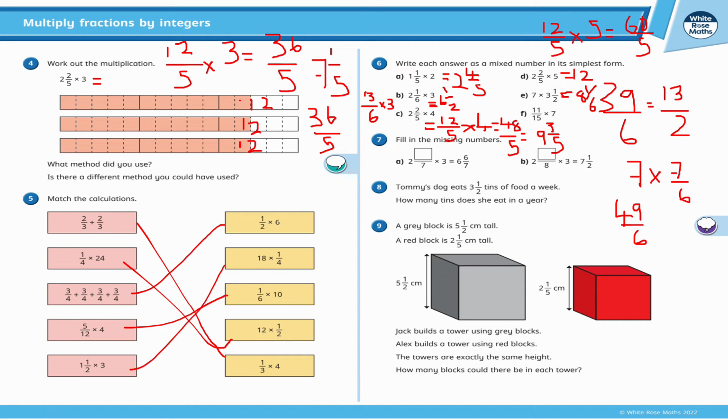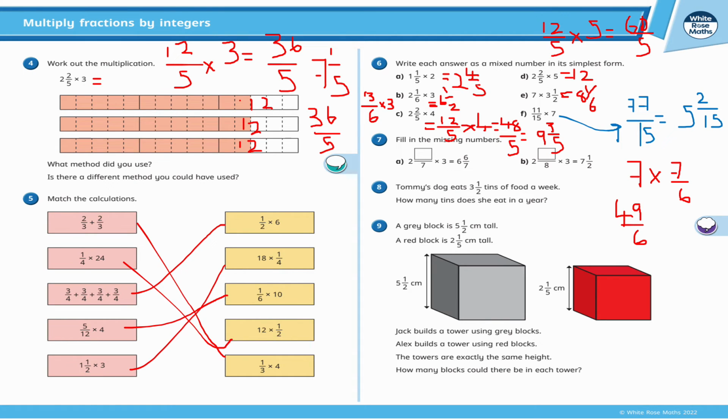Let's just delete this part. Next one, I've got 11/15 times 7, so I'm going to have 77 out of 15, which I can write as a mixed number, which is going to be 5 and 2/15. That one.